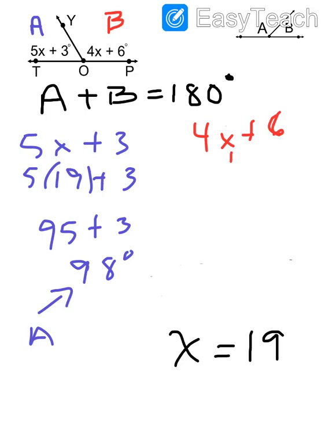Like we said, 19 has to be here, times 4 plus 6. And this is going to be 76 plus 6, which is 82 degrees.